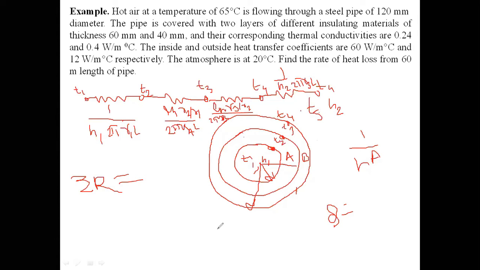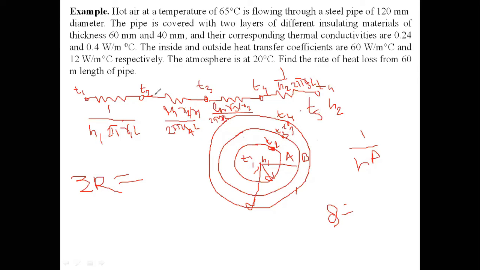Basically, one minute. This will be the T2, and T3 will be this one. Okay. So T2 to T3 is a conduction. So this is your resistance.